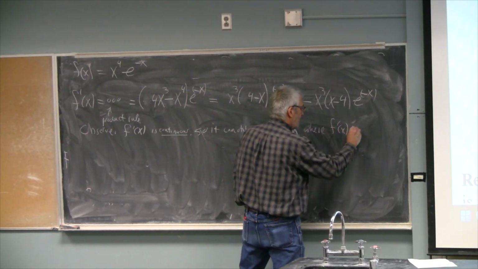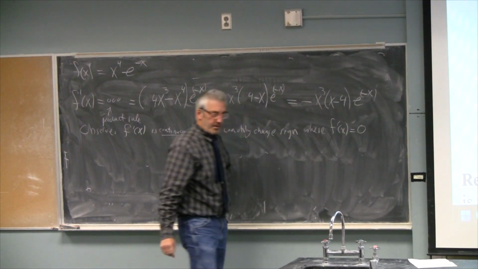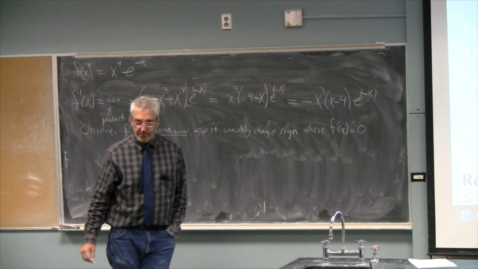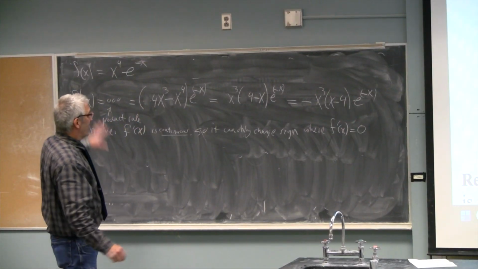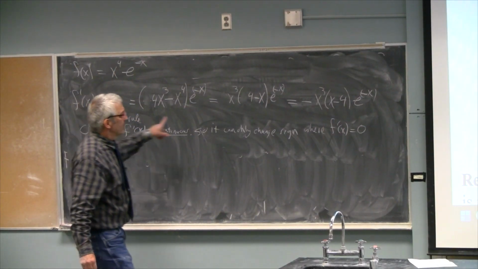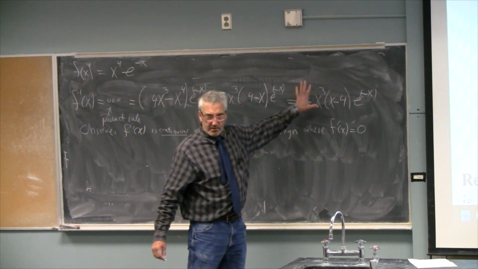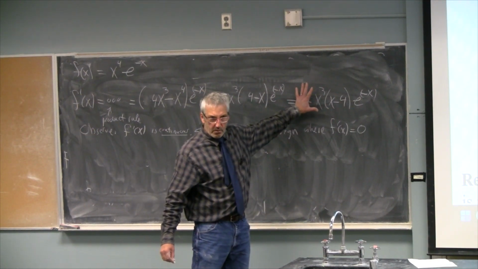So only places where f prime equals 0 and the graph of f prime would touch the x-axis could f prime change sign. Well, so what are the x values that cause f prime to be 0?